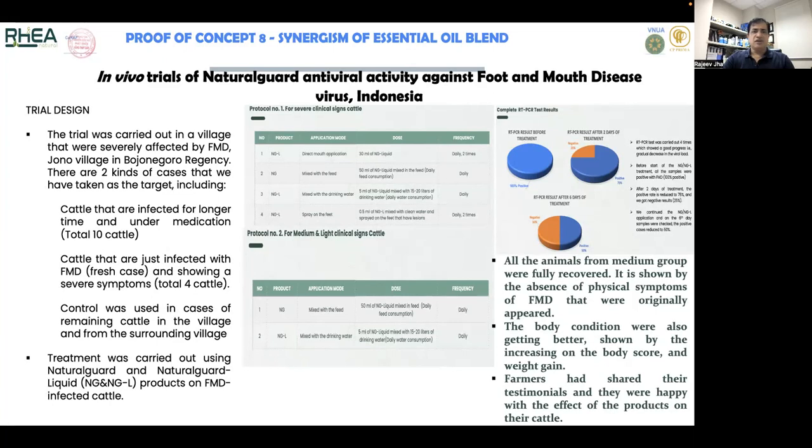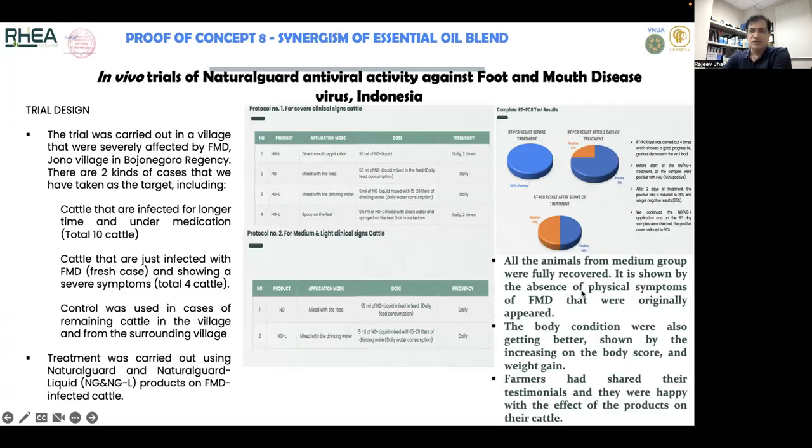Cattle that were infected with FMD, fresh case with severe symptoms, were 4. Control was used in cases of remaining cattle in the village and from the surrounding village. Treatment was carried out using natural guard and natural guard liquid products from FMD infected cattle. All the animals from medium group were fully recovered.